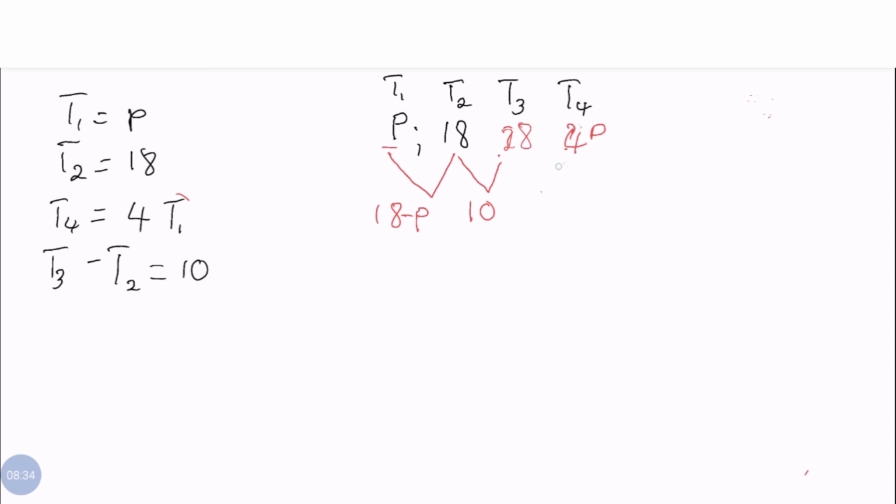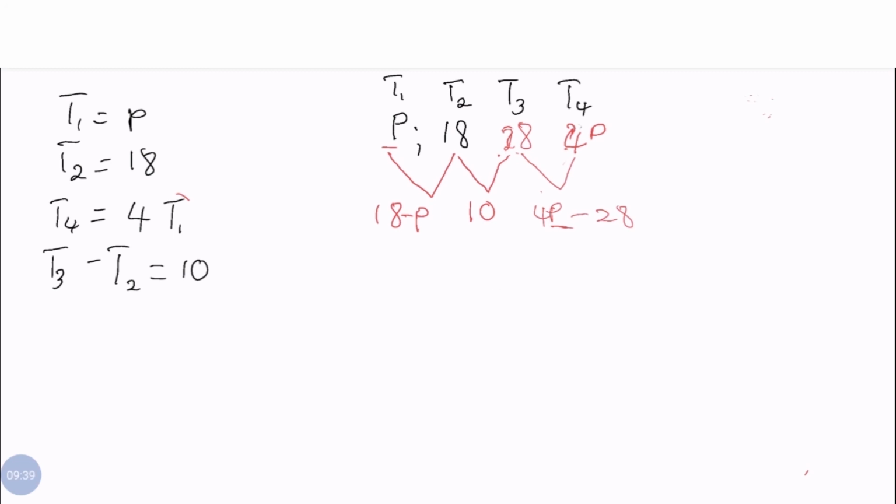So that makes things much simpler. Now to get the final first difference, we have to subtract 28 from 4P, which is T4 minus T3, that is 4P minus 28.